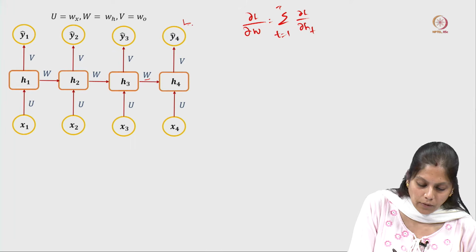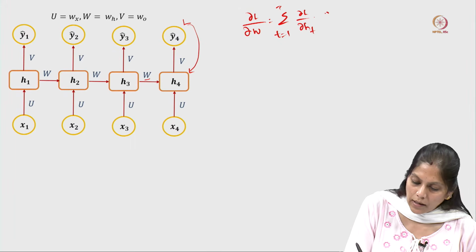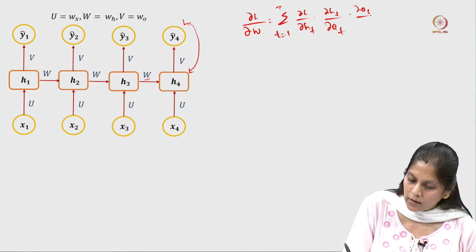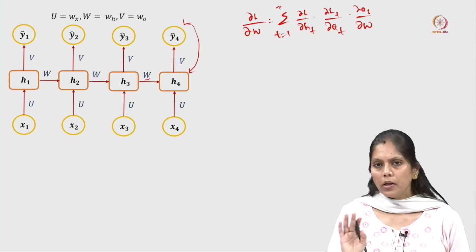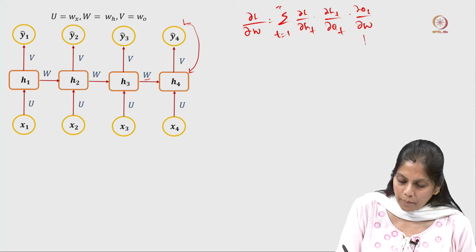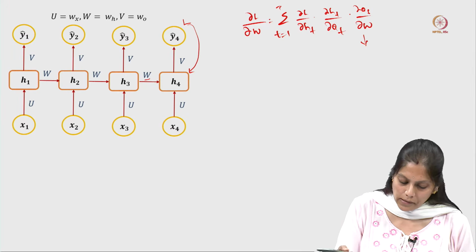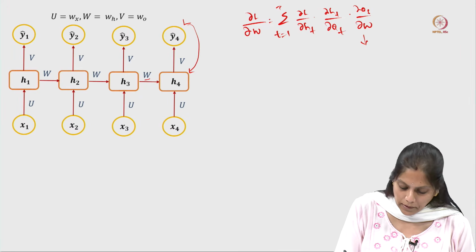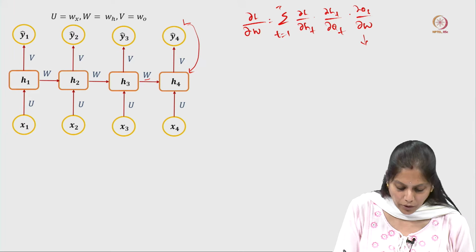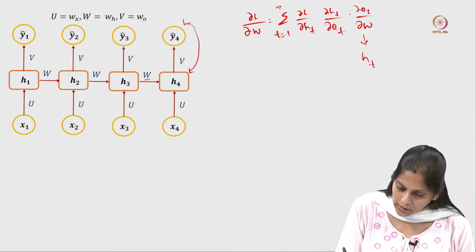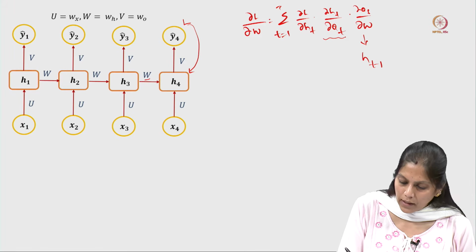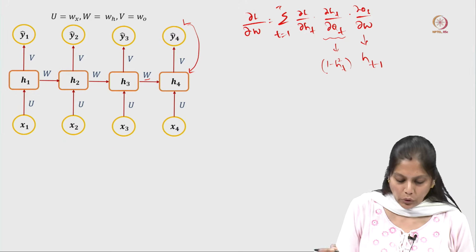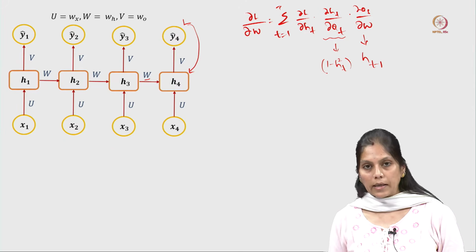So the loss goes to H, then the derivative of HT with respect to AT and the derivative of AT with respect to WF. We computed just some time back that this term's value is Ht minus 1, and this term's value is 1 minus Ht square. I hope up till this it is clear.